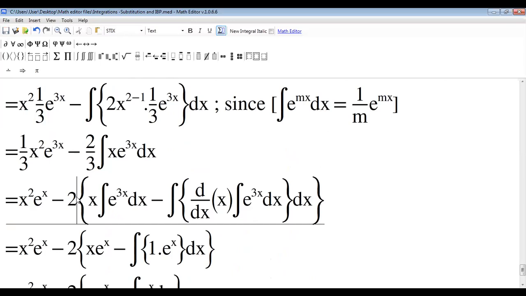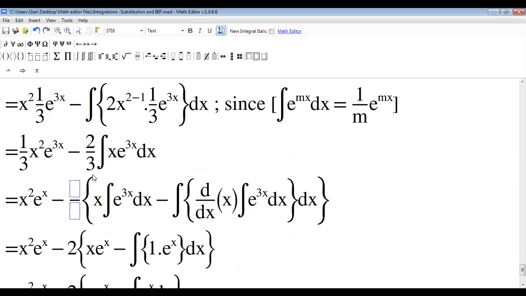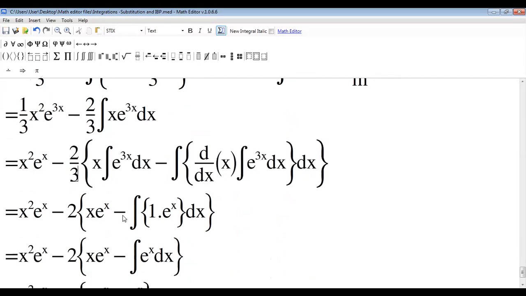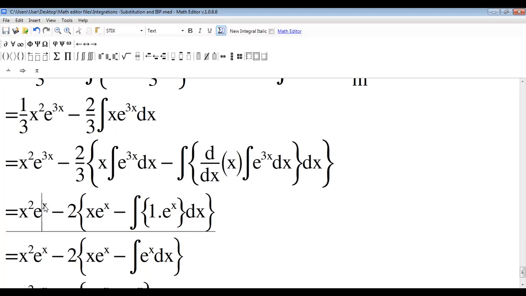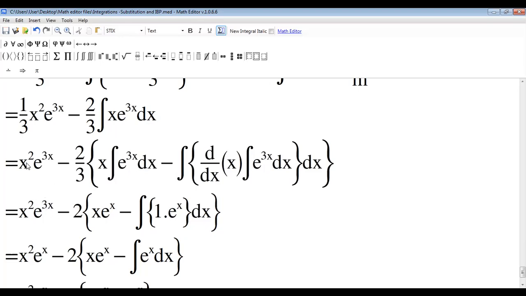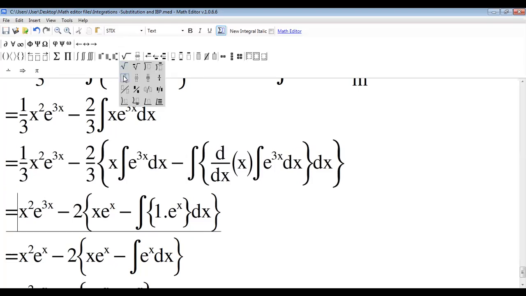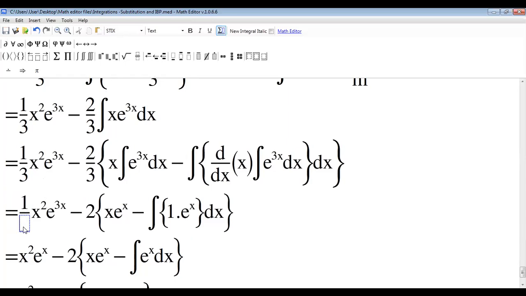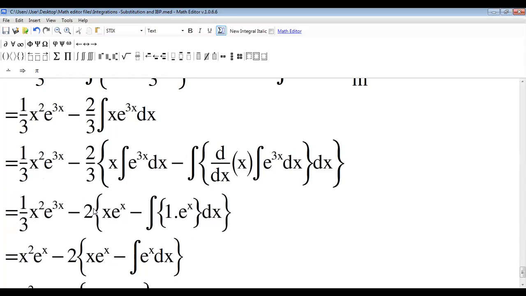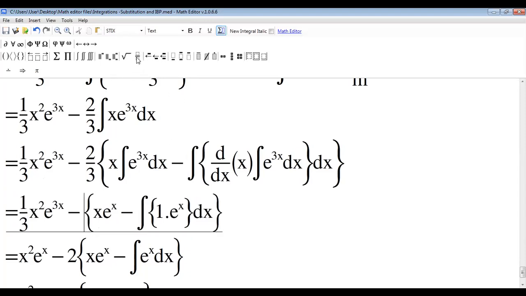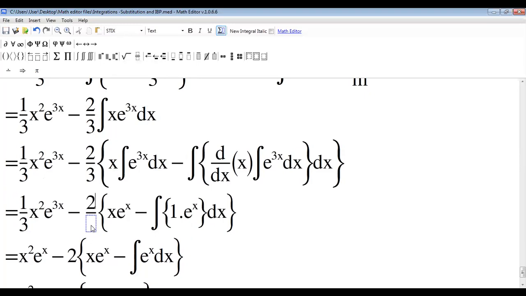So here it will be 2 by 3, with e to the power 3x, and here also e to the power 3x, and here only 1 by 3 as the constant. So 1 by 3 x square e to the power 3x, minus 2 by 3, and x e to the power 3x, whose integration formula will be what?